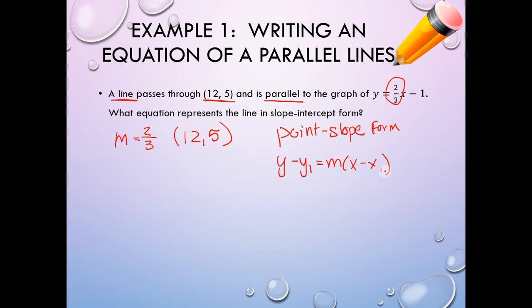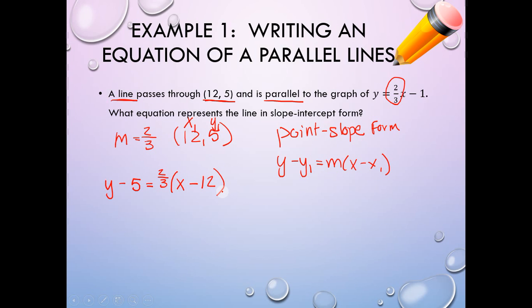You should be able to remember this just a little bit before Christmas break. So my x and my y, these are my x1 and my y1 right here. Let's pop that into the formula. y minus y1, and I know y1 is 5. Slope is 2/3, times (x minus x1), 12.